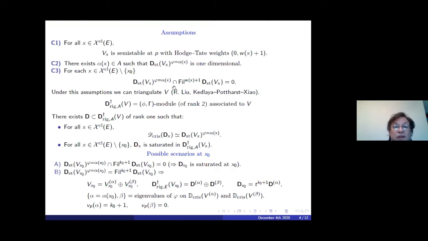Namely, we assume that the intersection of this phi eigenspace with this filtration term is 0.